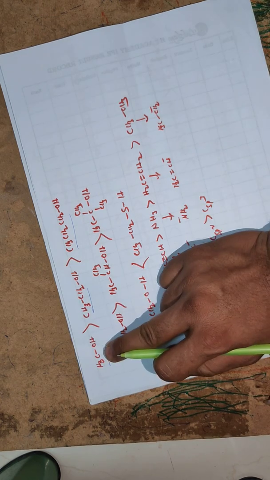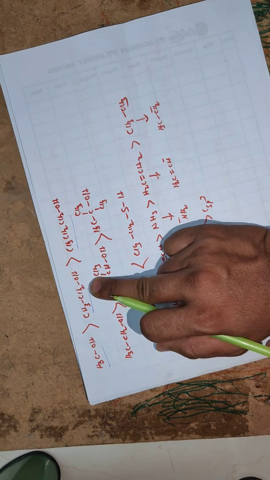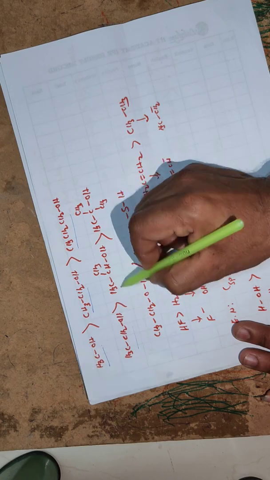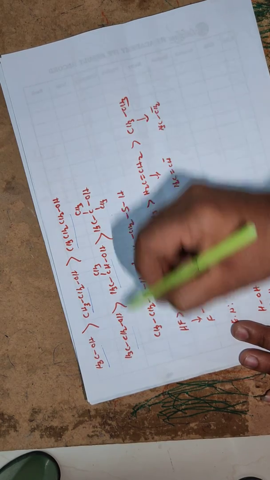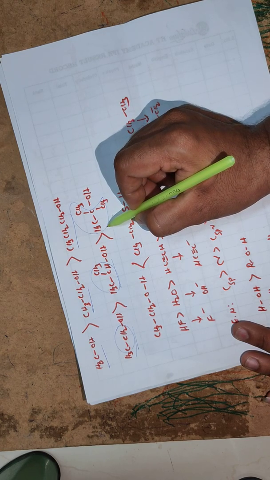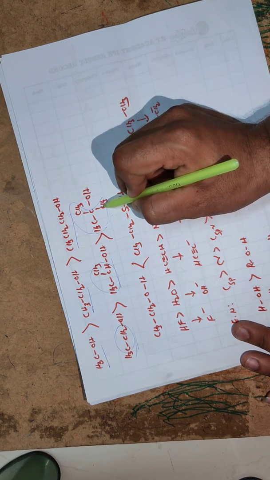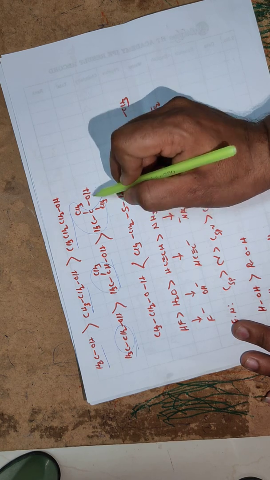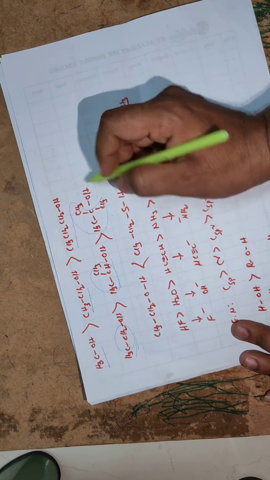That's why methyl alcohol is more acidic than ethyl alcohol, and ethyl alcohol is more acidic than propyl alcohol. Now this is ethyl alcohol, isopropyl alcohol, tertiary butyl alcohol. This ethyl group, isopropyl group and tertiary butyl group. Tertiary butyl group is a strong plus I group, so it is less acidic in nature because the plus I group cannot stabilize the anion, that is the conjugate base.